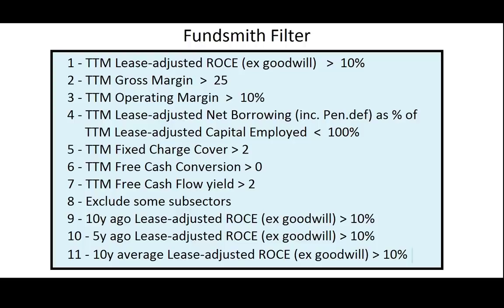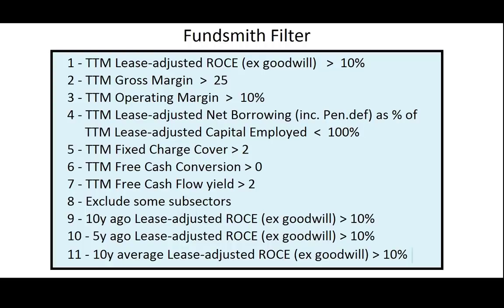We'll be eliminating certain subsectors because of various reasons. We'll get to that, and we'll also make sure that the company has been doing well for a long period of time. It hasn't suddenly gone from being a terrible company to a good company. We want consistency in our filter.